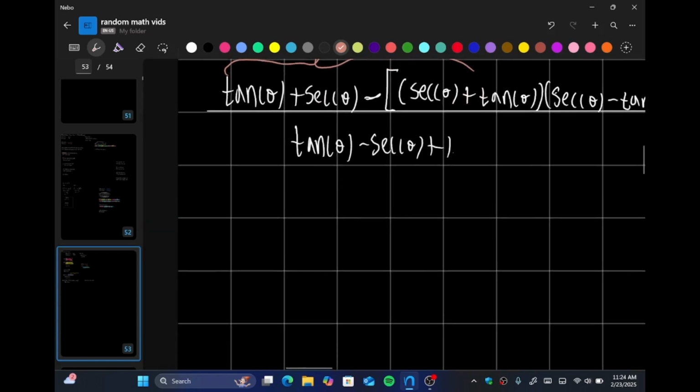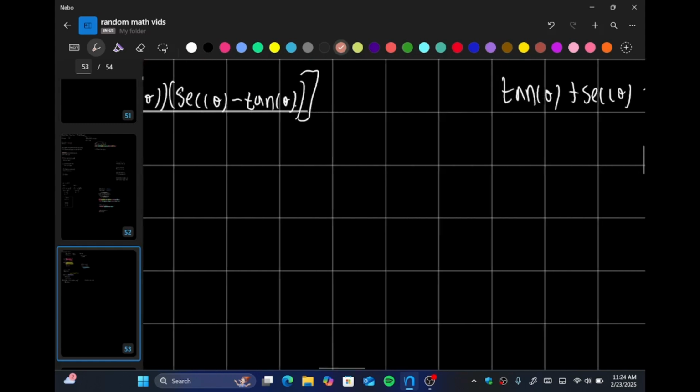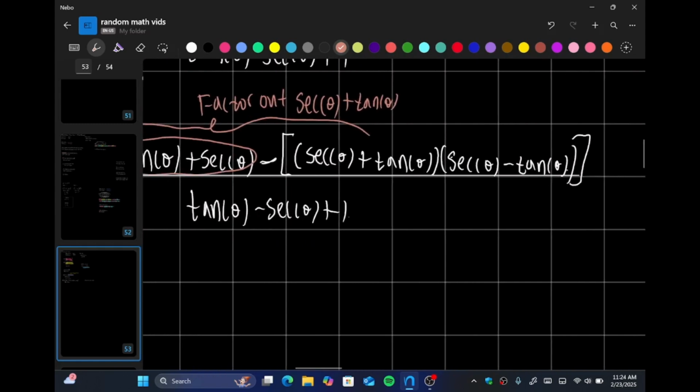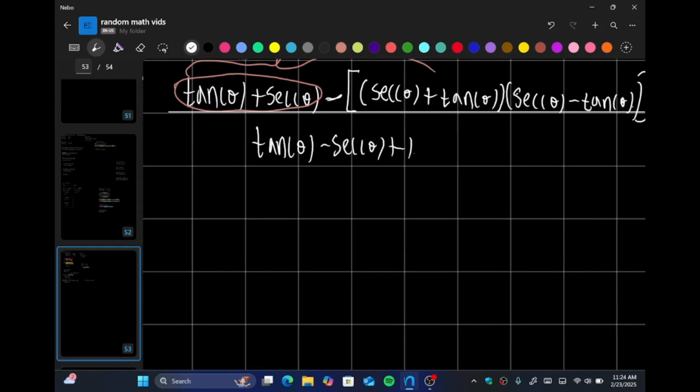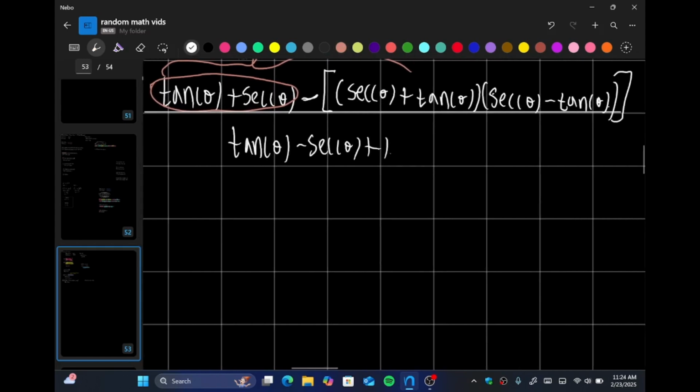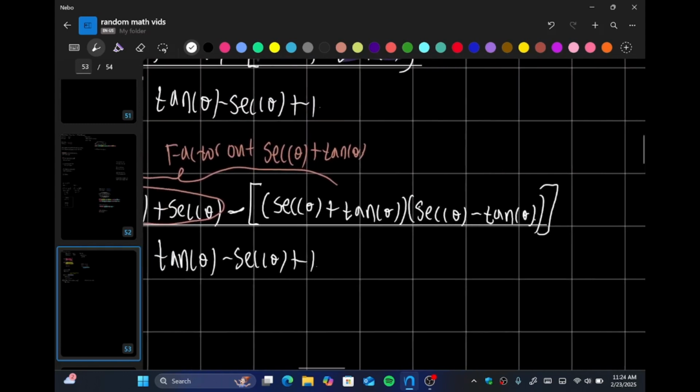So again, it's going to be the same thing for this stuff, because like I said, they're both equal to the same thing, right? So we're going to do that. So we're just going to say secant theta. And actually, I'll do it the other way. I'm sorry. Like I said, guys, this problem is crazy.